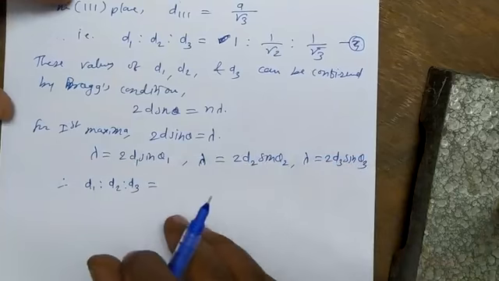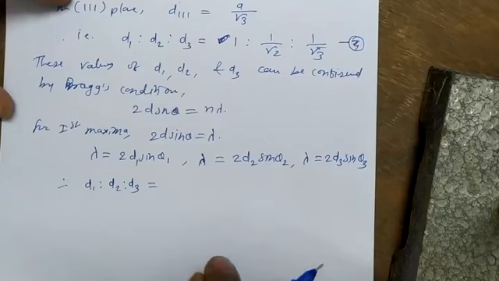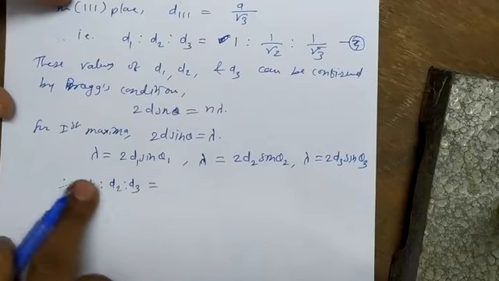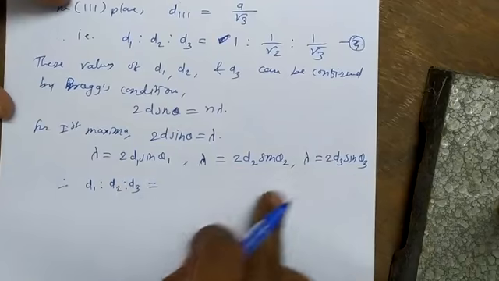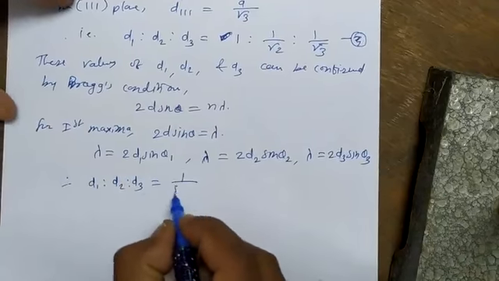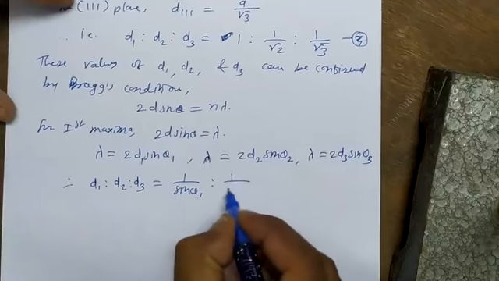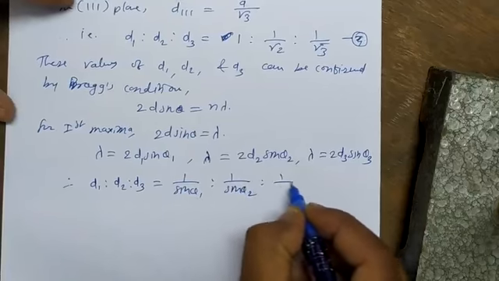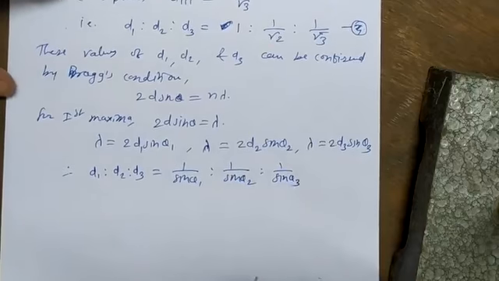If we divide the total equation by lambda upon 2, we get d1 as to d2 as to d3 equal to 1 upon sin theta 1, as to 1 upon sin theta 2, as to 1 upon sin theta 3.